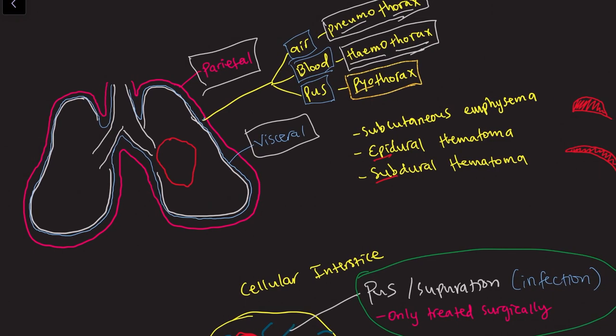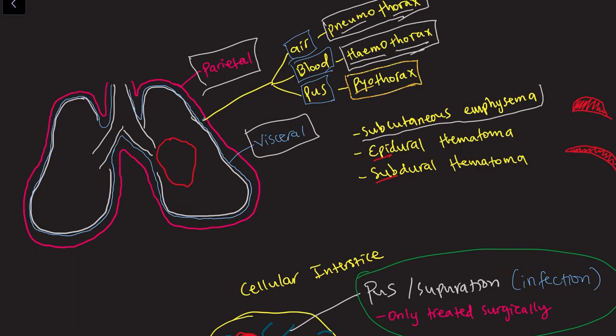Now, if for example in the neck the trachea is violated somehow, and then the air flows out from the trachea into the connective tissues underneath, into the subcutaneous tissues, you can have subcutaneous emphysema.